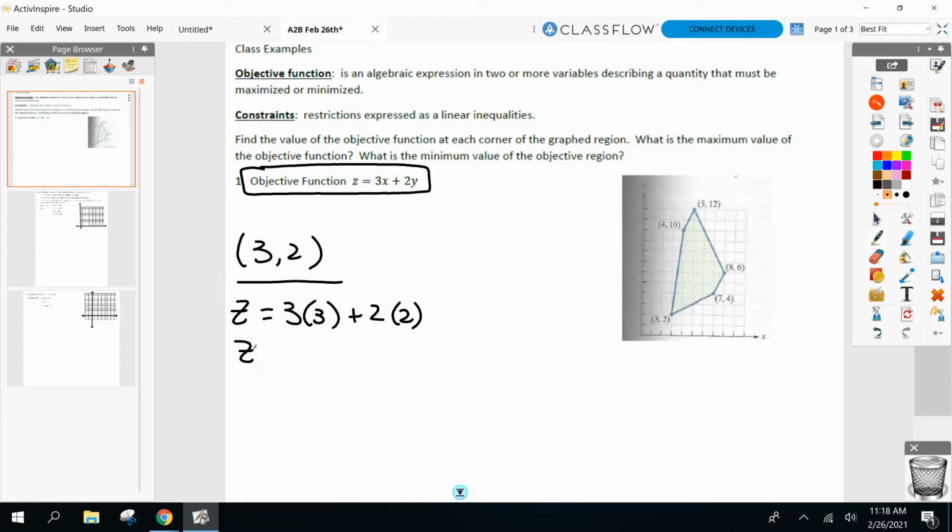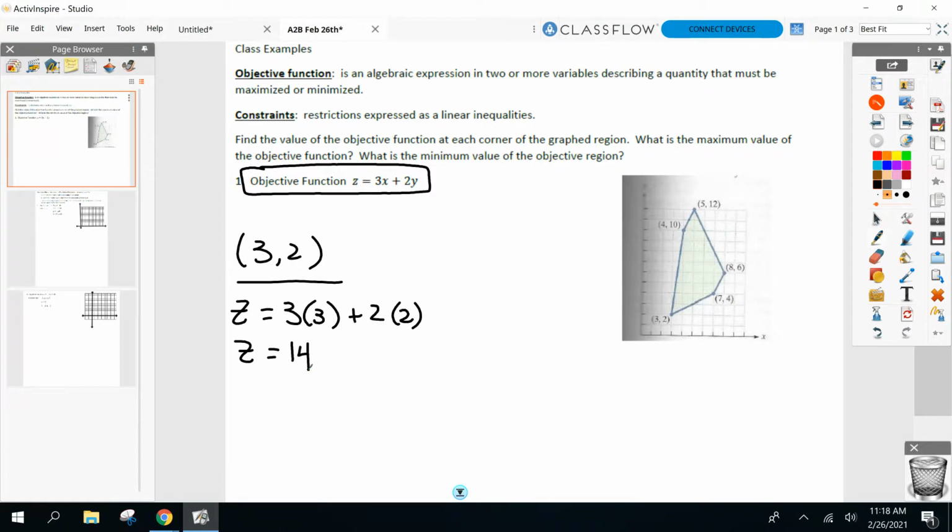And I'm just going to find out what that's equal to. And then we end up with 14. Okay, so that gives us 14 when I plug in 3 and 2.